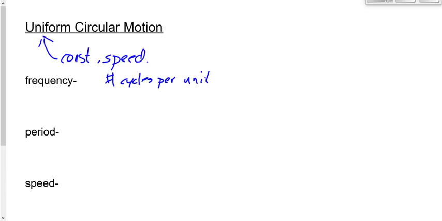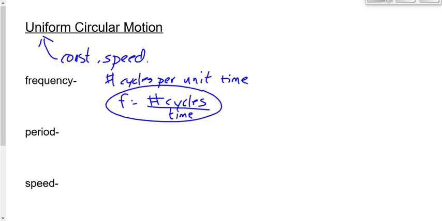And because of that definition, we could write the frequency in the form of an equation that does not appear on your data sheet. F is equal to number of cycles over the time. So I'm going to circle that in blue, but remember that one's not on your data sheet. It comes down to either remembering the equation or remembering the definition and figuring out one from the other.